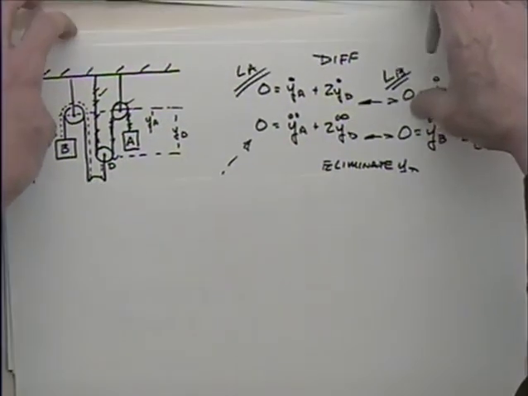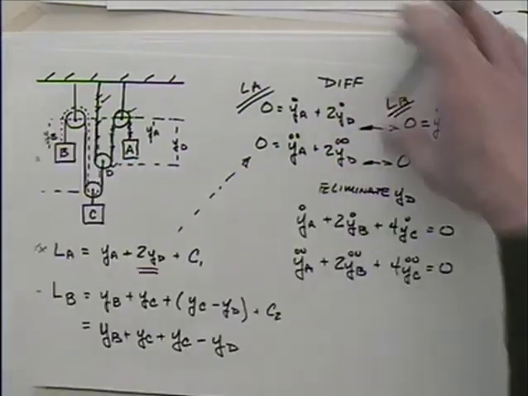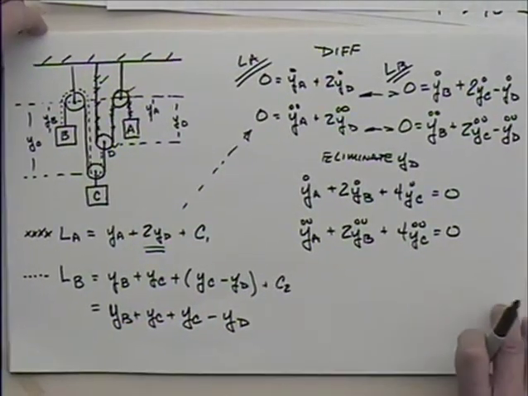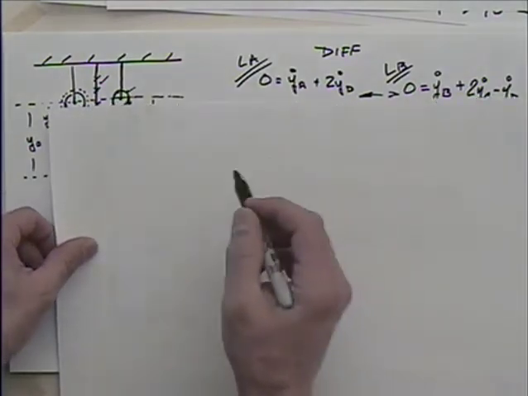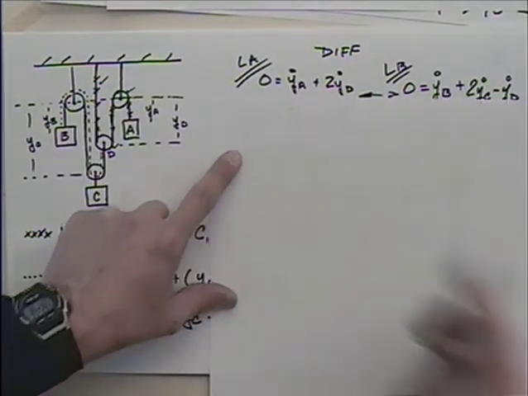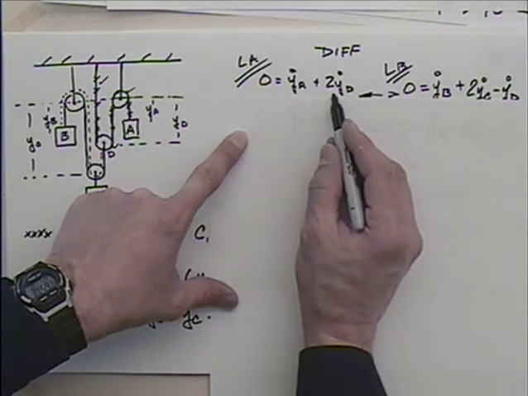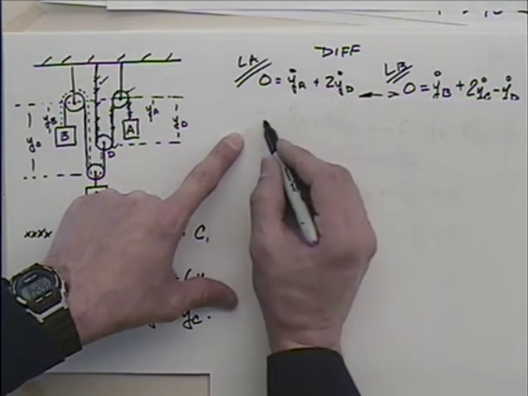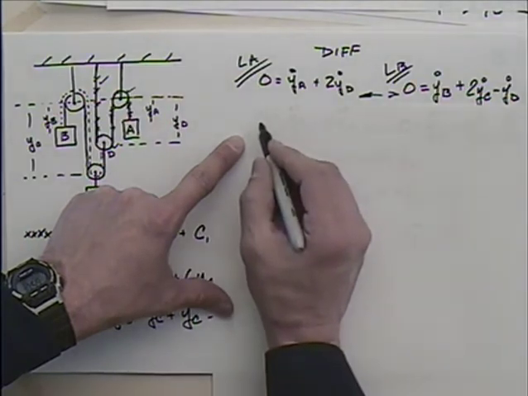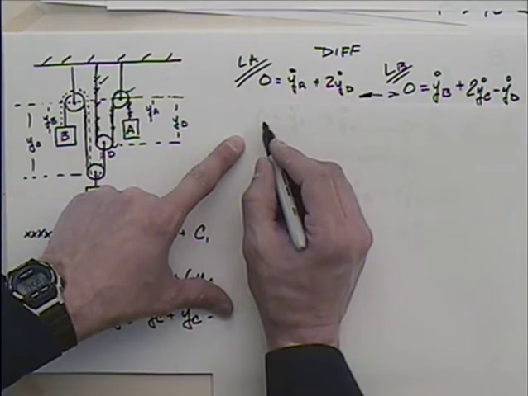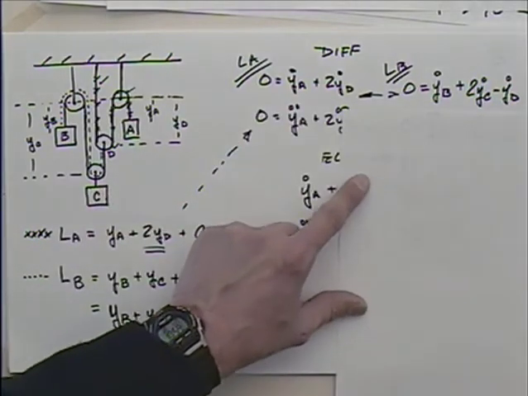I'll just take this first equation here and solve for y sub d. Actually, I think what I will do is take the second equation and solve for y sub d.